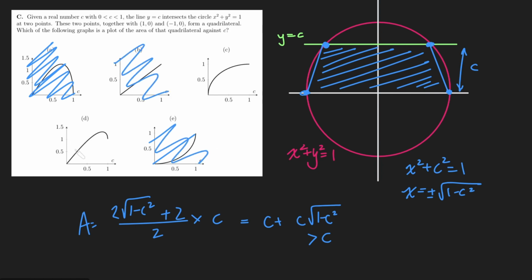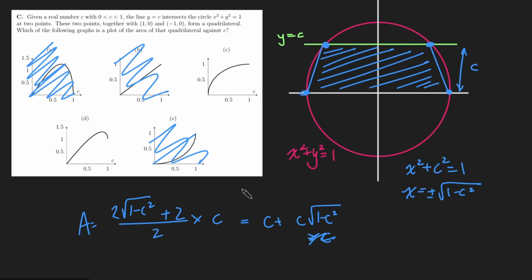So it's got to be either D or C, but it's not super clear how we can distinguish between the two, except for the fact that this one has a turning point. So you might go, let's just differentiate this function and see where its turning point is, what value of c gives it a turning point. If it's between 0 and 1, that's great, that means it's option D. If not, then it must be option C.